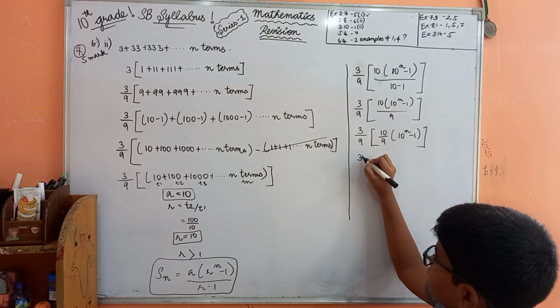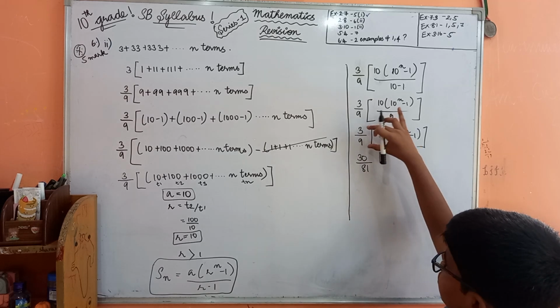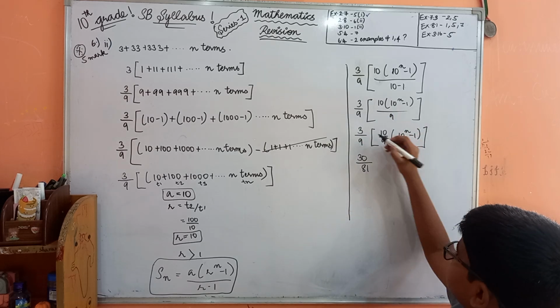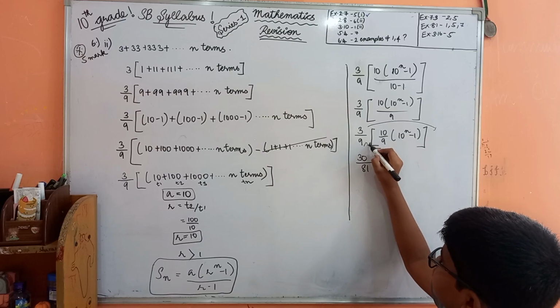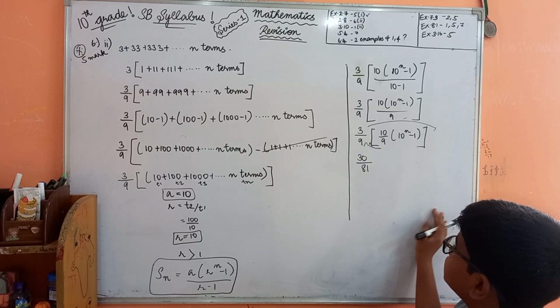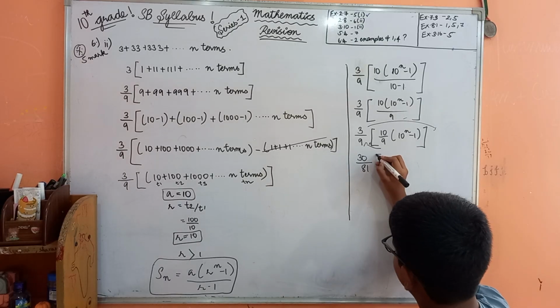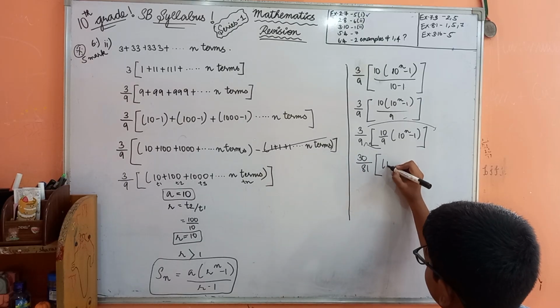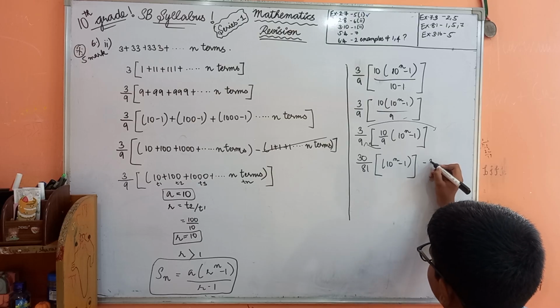So 30 by 81 times 10 to the n minus 1, and the minus 3 by 9 n outside the bracket.